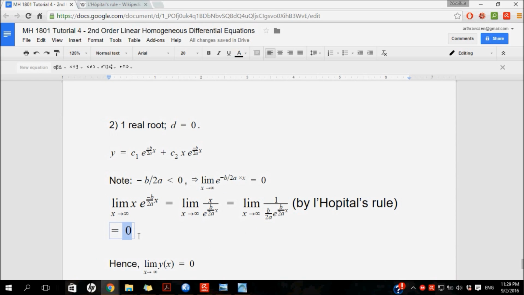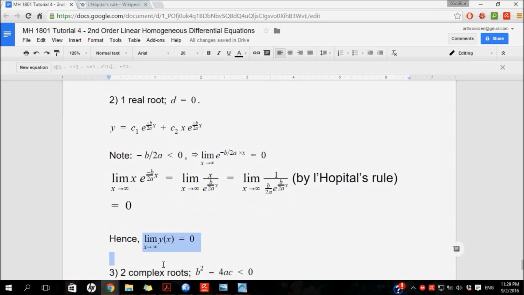And that shows us that in our expression, as we take the limit as x tends to infinity, these two terms tend to 0. Therefore, the whole term is going to tend to 0. And so we have proved that in this case.